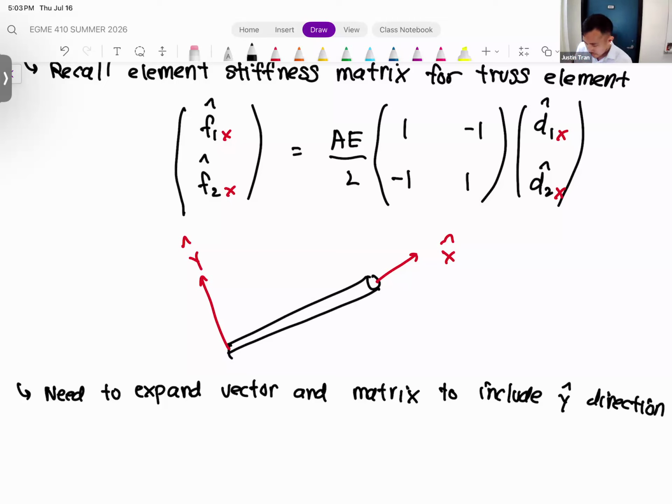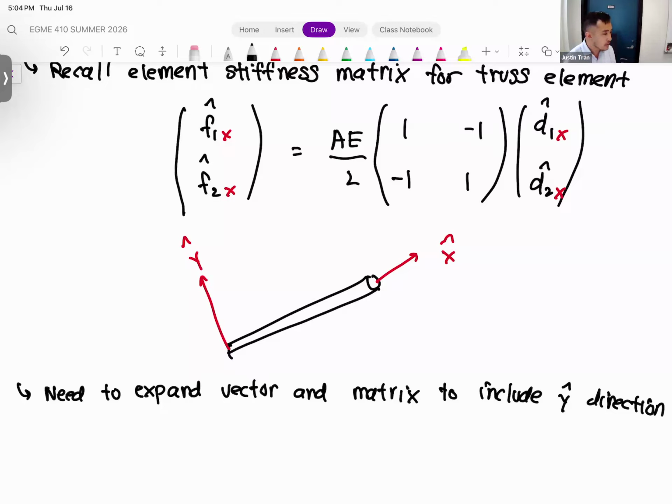Before, we didn't need it because we were looking at 1D problems and it was impossible for a truss bar to deform in a direction perpendicular to it. But since now we're tackling two-dimensional problems, we have to account for every component in that second dimension. And so we're going to expand this.